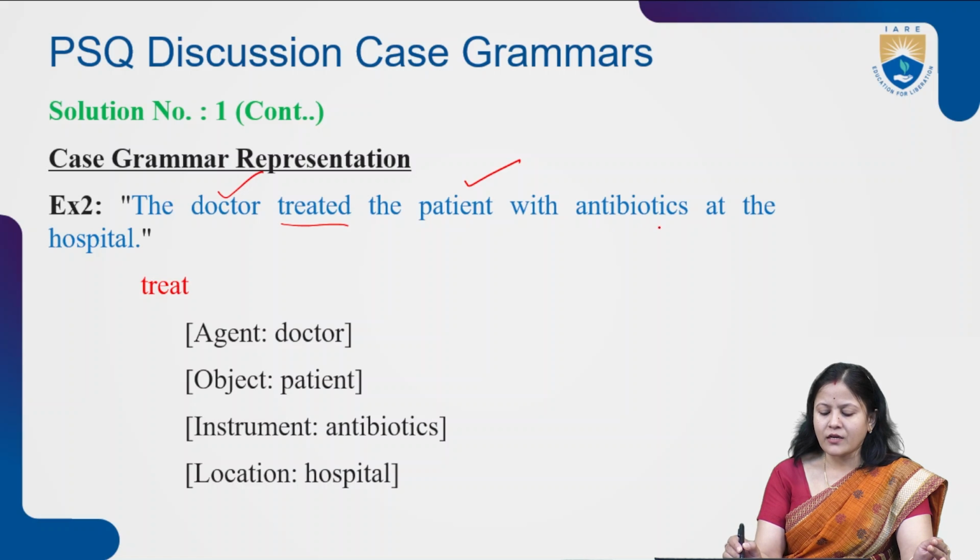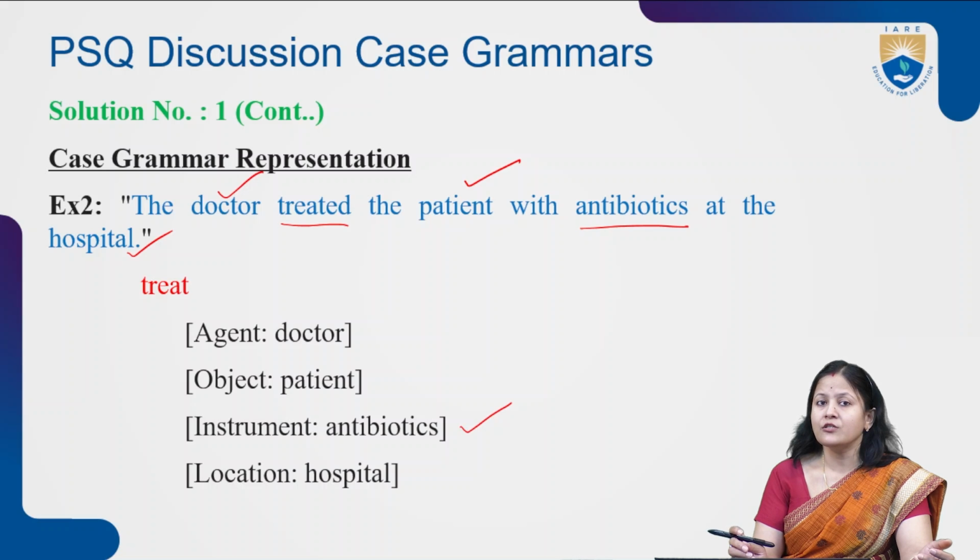With antibiotics: what is the instrument here? Doctor is not using any particular instrument like scissors or needle, doctor is using antibiotic. So antibiotic is considered as the instrument case here. And where did he treat? He treated in the hospital, so hospital is considered as the location case.